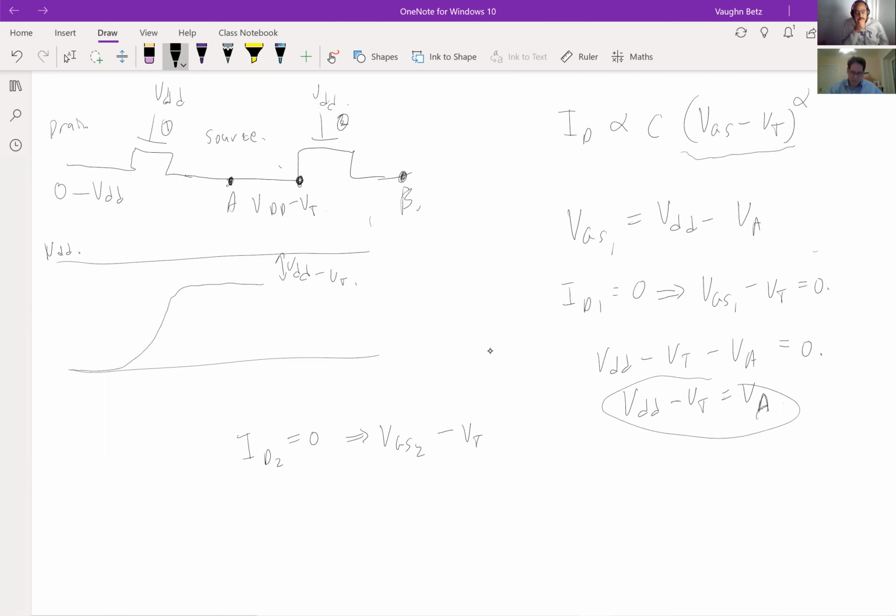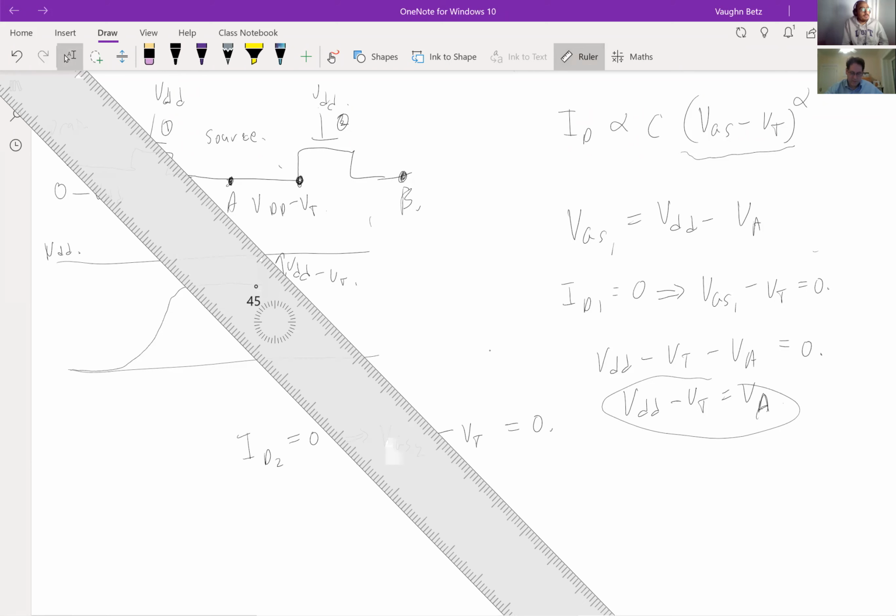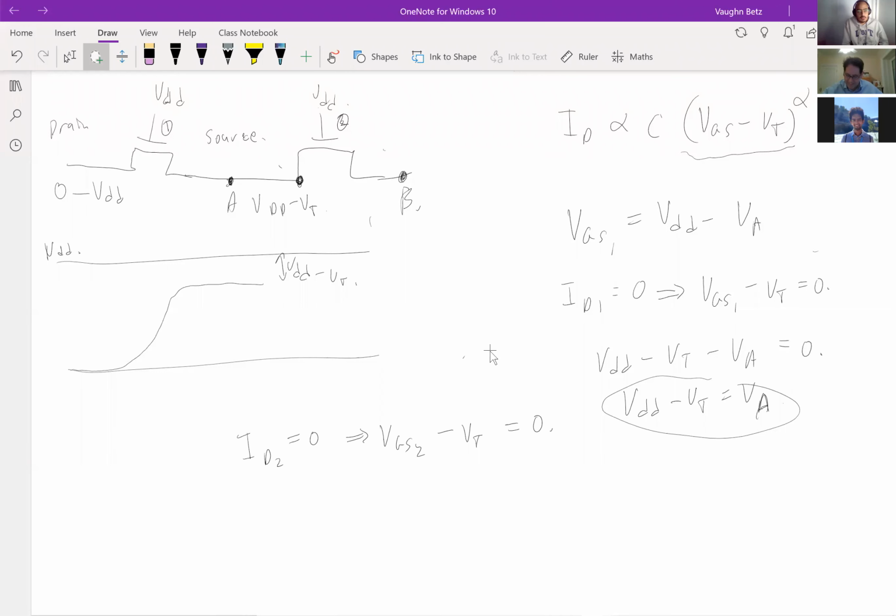Just assume it has the same threshold voltage as transistor 1, because they normally do. Whoops, I have no idea what I just did. Get rid of that. If anyone knows how to get rid of this ruler, let me know. There it is. Thanks.